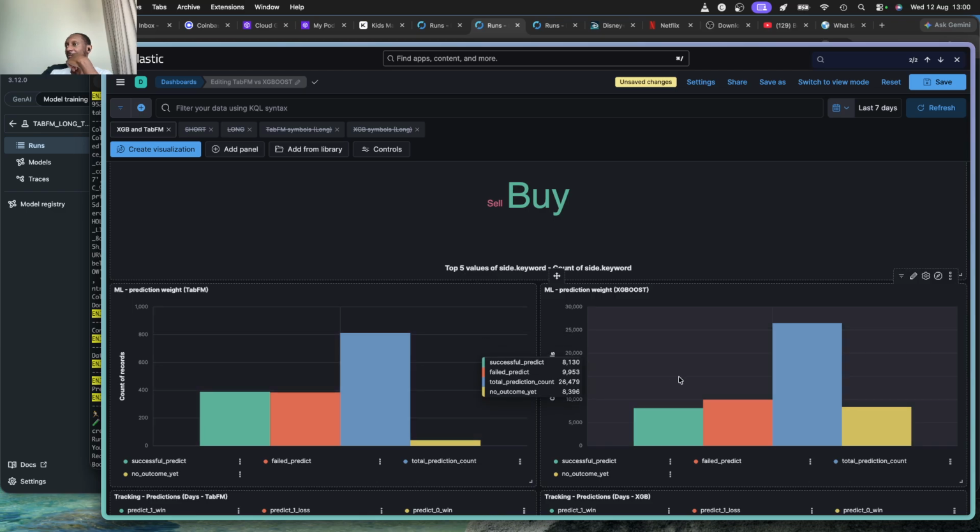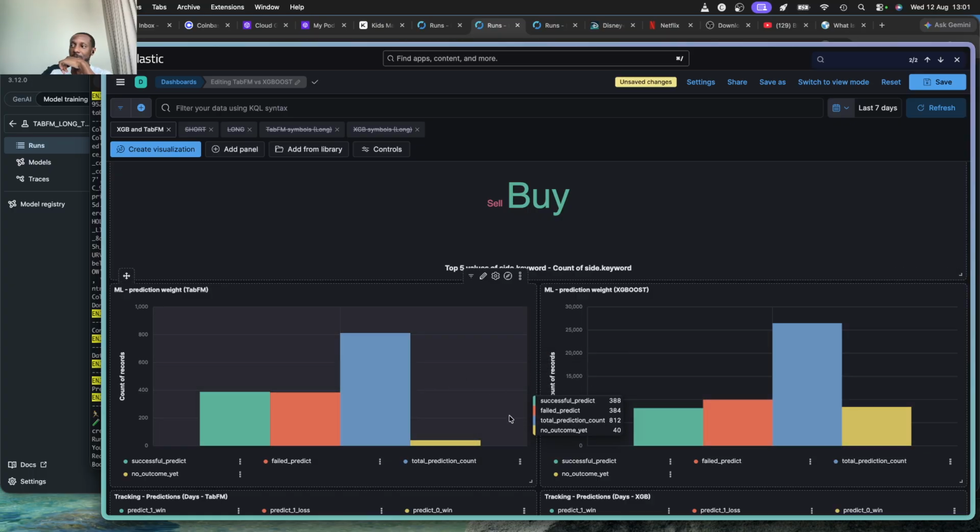Again, TabFM, XGBoost. XGBoost seems to be failing to predict a lot more than TabFM. For now, this is not conclusive.